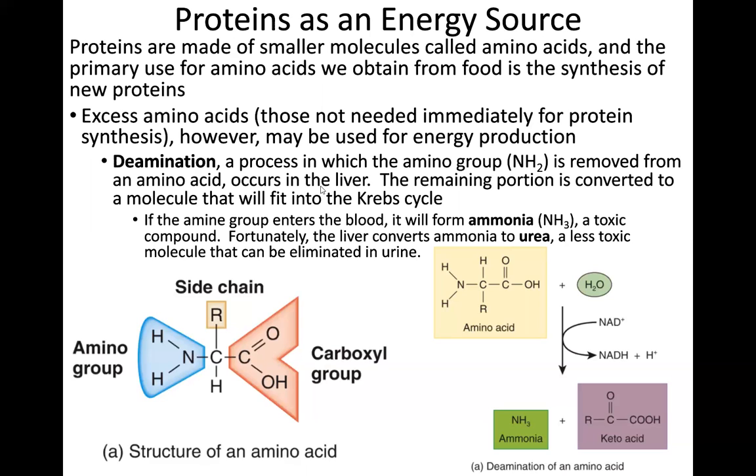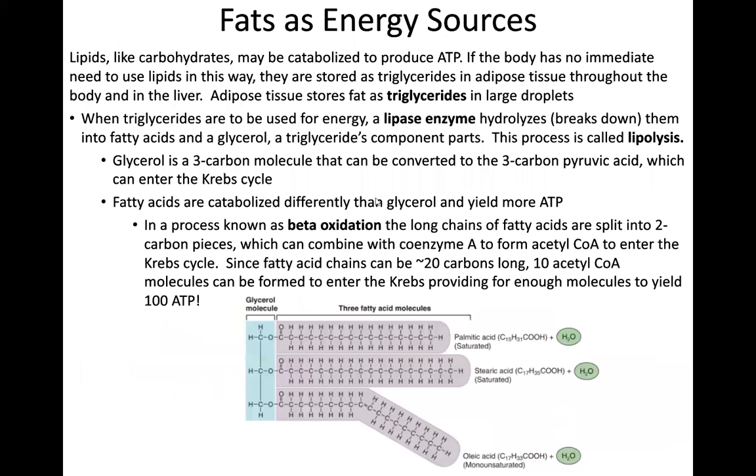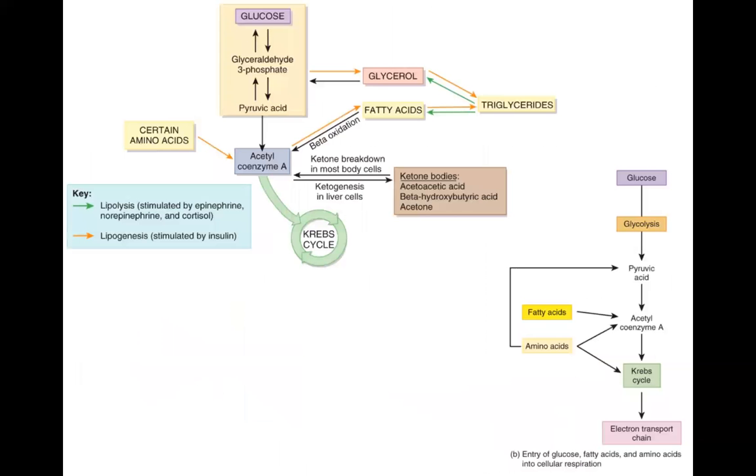And what is left over as a result of this process can then be converted to a molecule that will fit into the Krebs cycle. Certain amino acids can be converted to acetyl-CoA, which then can enter the Krebs cycle, just like if you had started with glucose.